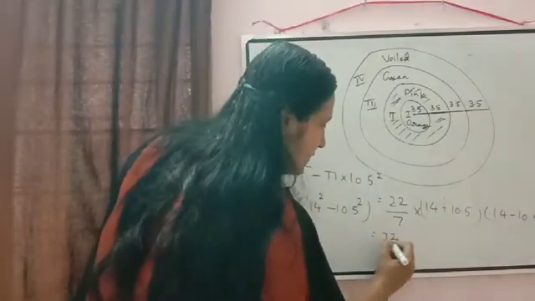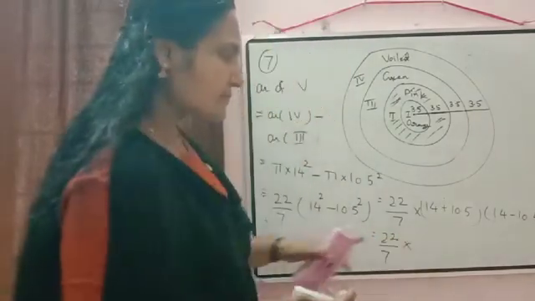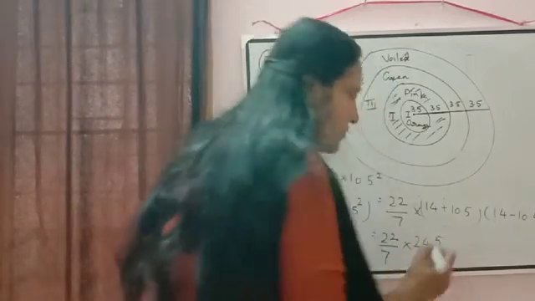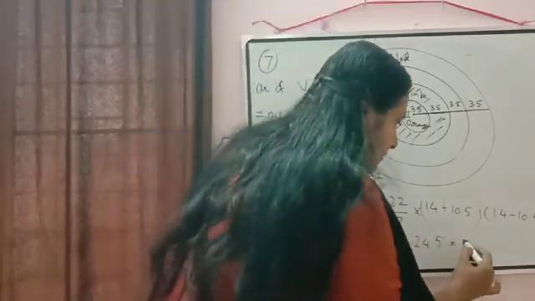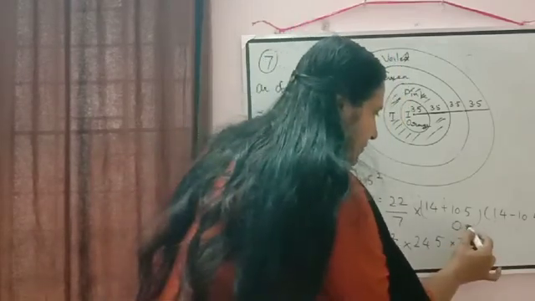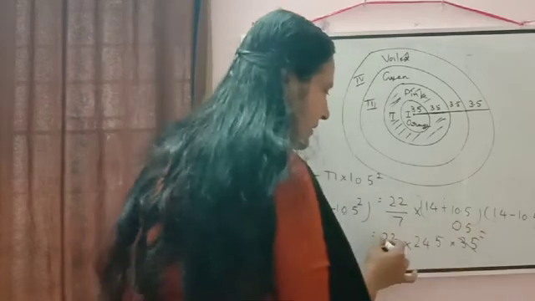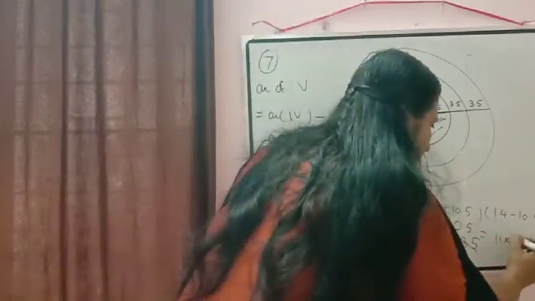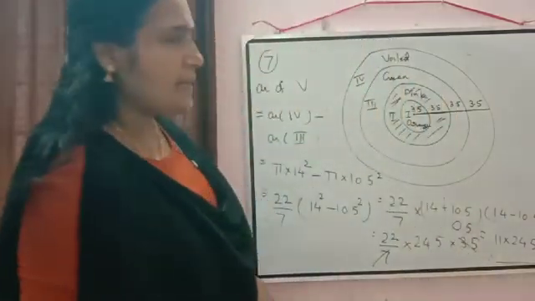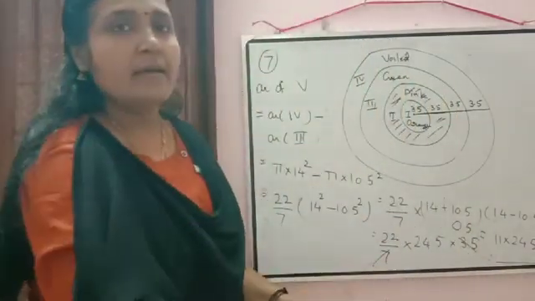So we will get here 22 by 7 into 14 plus 10.5 will be equal to 24.5 into 3.5. So again 7 and 3.5 we will cancel it. Then it will be equal to 11. So 11 into 24.5. Again you can do the multiplication and write down the answer.